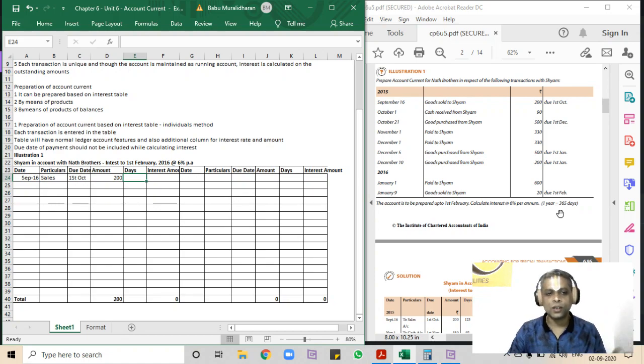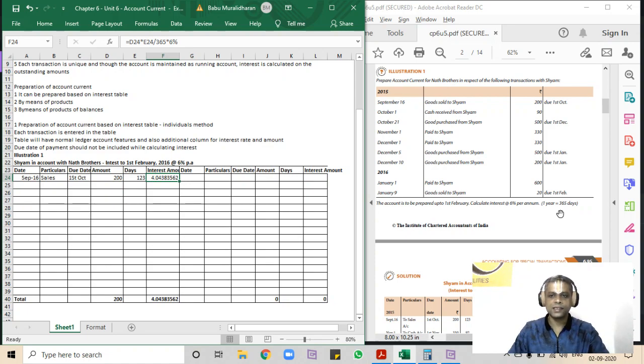So October has got 31 days. Number of days is equal to 31 days in October plus 30 days in November, plus 31 days in December, plus 31 days in January. Total number of days is 123. And the interest amount is 200 into 123 divided by 365 into 6%. Interest amount is 4 rupees and 4 pies.